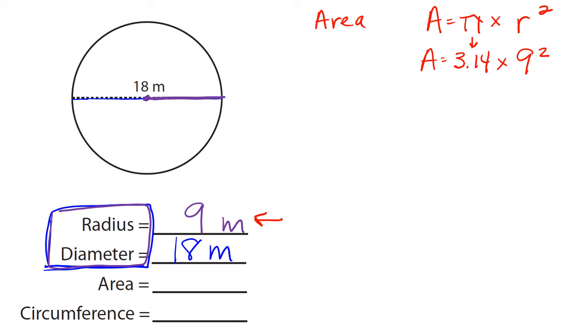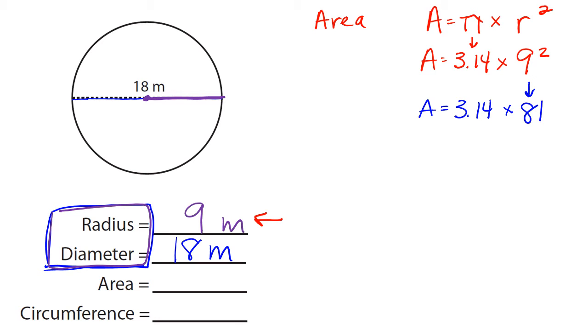So now let's go ahead and do some order of operations. We're going to do the exponents first. So our exponent, 9 squared, 9 times 9 gives us 81 times 3.14.